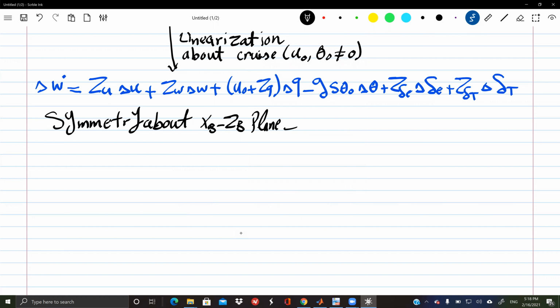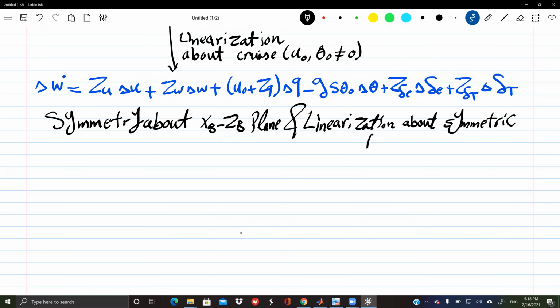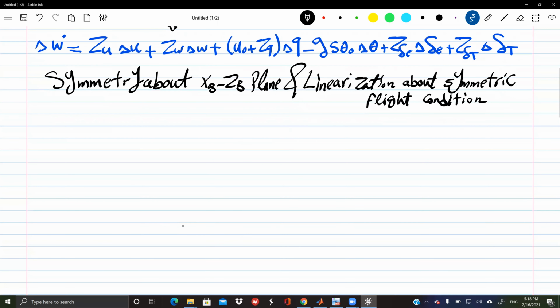So the symmetry and the linearization: when you do linearization about some symmetric flight condition, like the cruise, pull-up maneuver, takeoff, landing, what will happen?